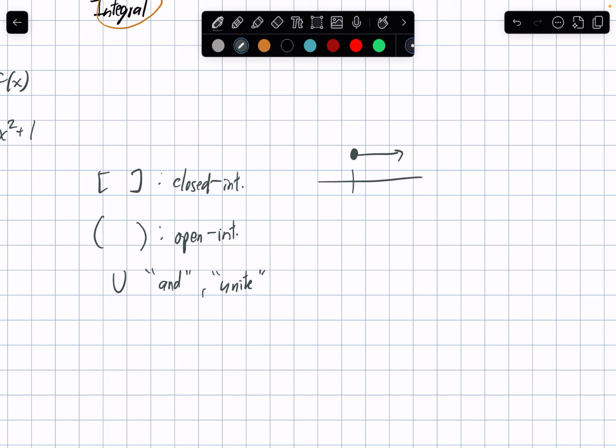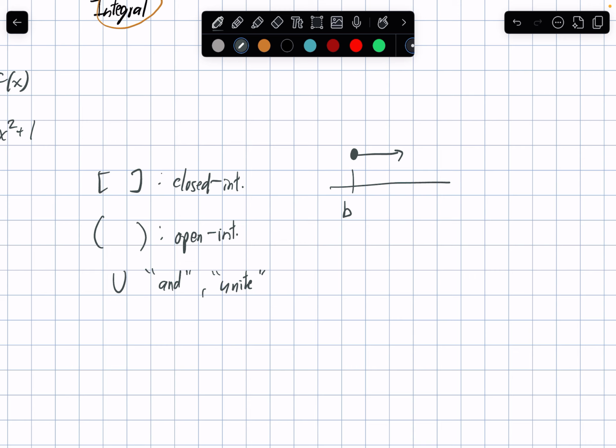On a number line, let's say this is 0, and let's say this is b.